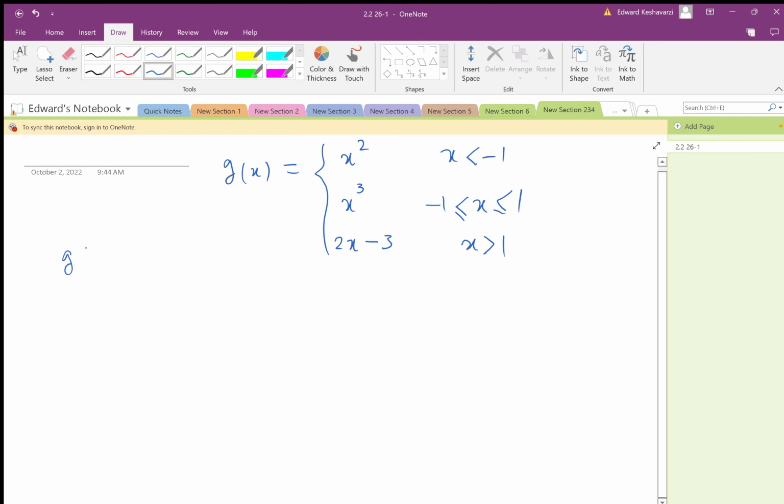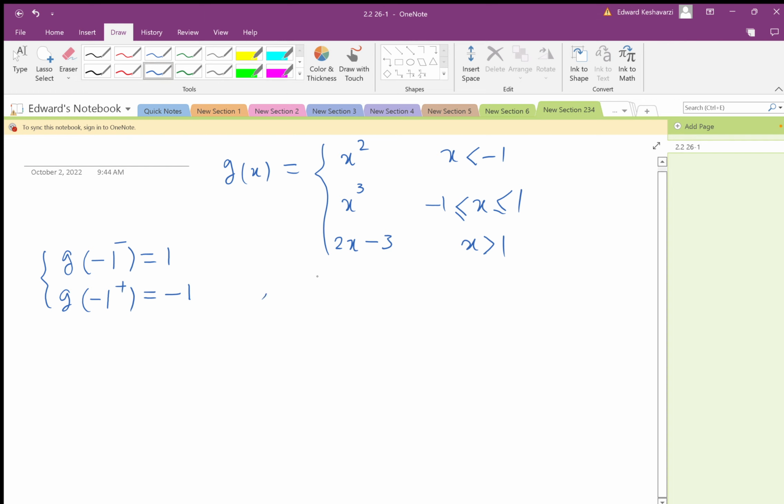So let's calculate the left limit at negative 1, which is 1. The right limit at negative 1 is negative 1 cubed, which is negative 1. So at negative 1, limit does not exist. And we know that when limit does not exist, function cannot be continuous. So we have one discontinuity at negative 1.